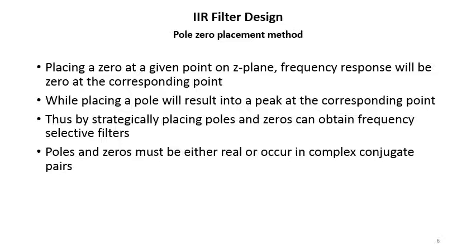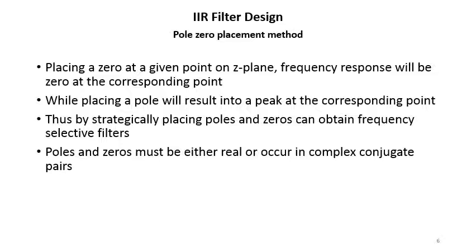So let's first consider the pole zero placement method. A zero is a place where the response is zero, and a pole is a place where the response is a peak.